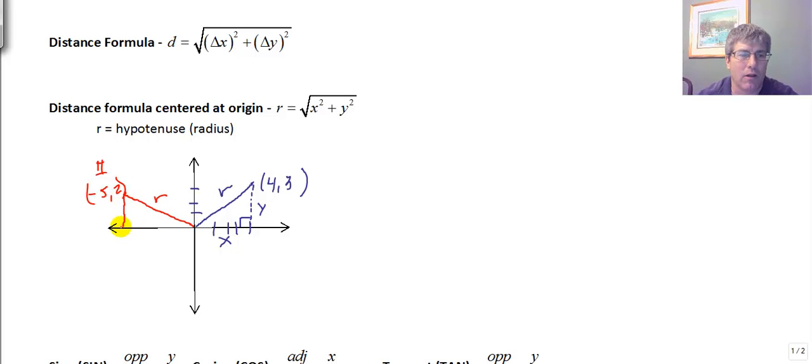I can draw a line straight down to my x-axis to form my right angle. And of course, I've gone -5 units from the origin and 2 units high above. So I've got a right triangle here with 5 and 2. And then we could easily calculate r using our distance formula.